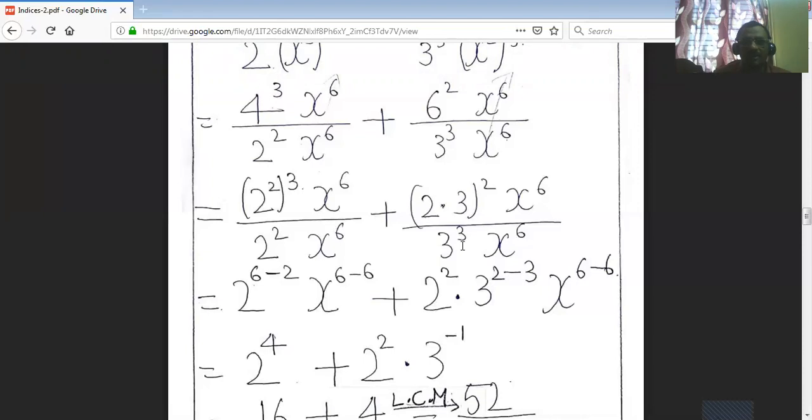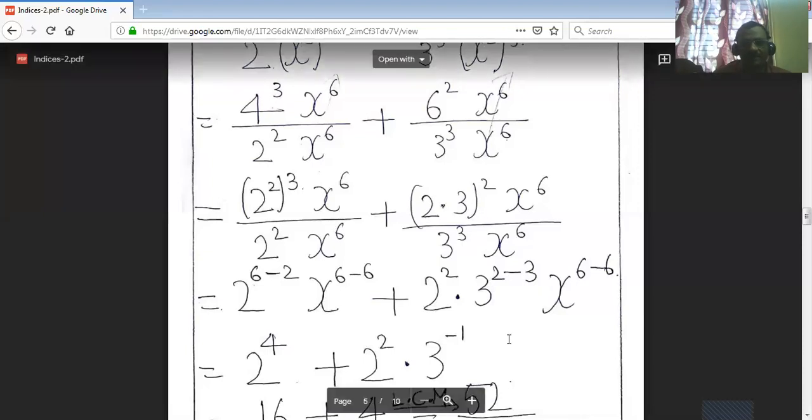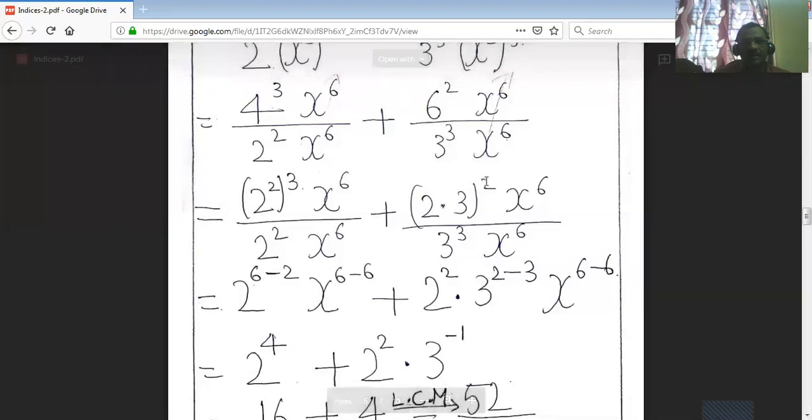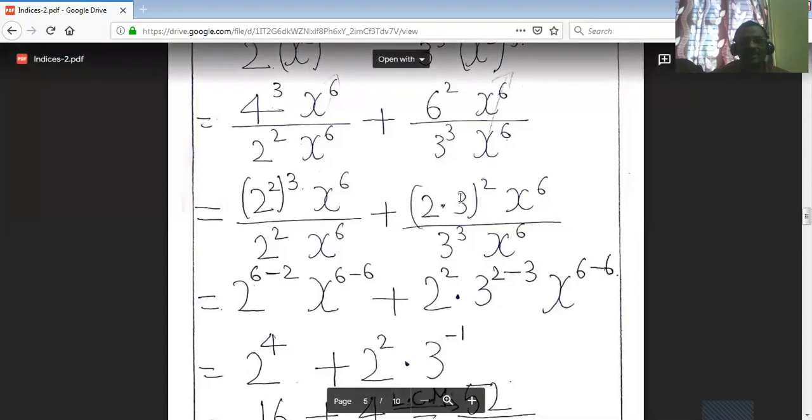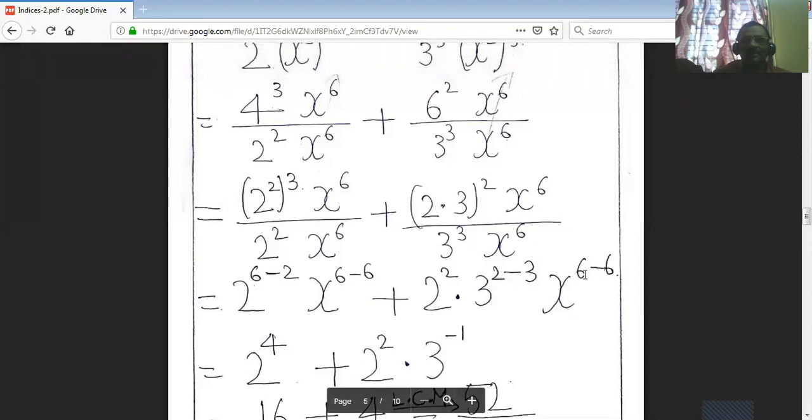That becomes 3^(2-3) by the m minus n formula. Here the numerator power is less and the denominator power is more, and anyway you get the sign into effect, so you need not worry much. Then x^6 divided by x^6 is x^(6-6), which is x^0.